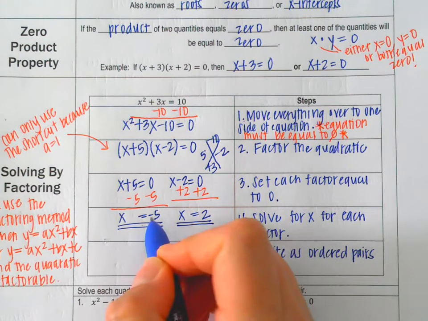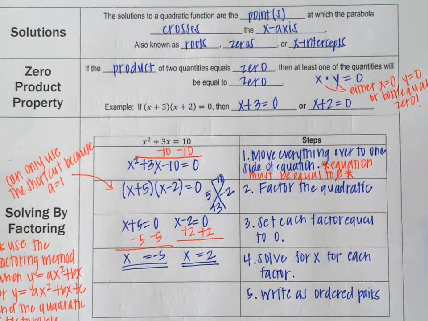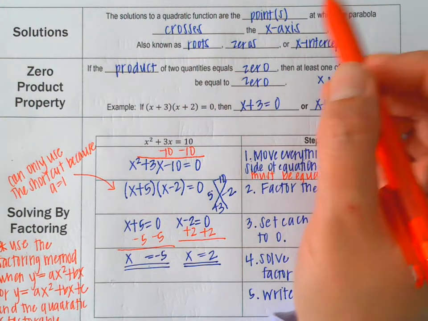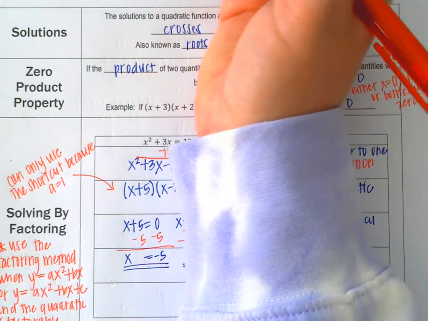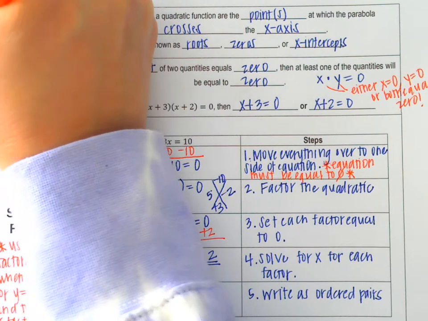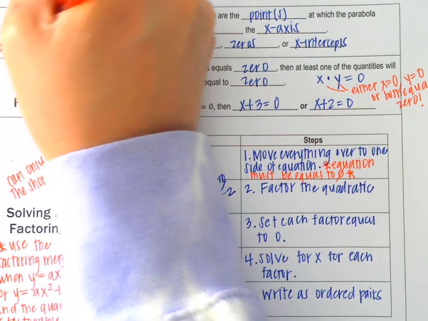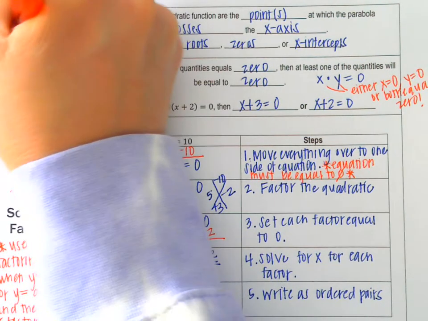So in an x-intercept, and it's something that I probably should have said up here, so I'm going to come back to it a little bit. Your x-intercepts, the solution to a quadratic function, are the points where the parabola crosses the x-axis. This is like we're basically solving for x when y equals 0.